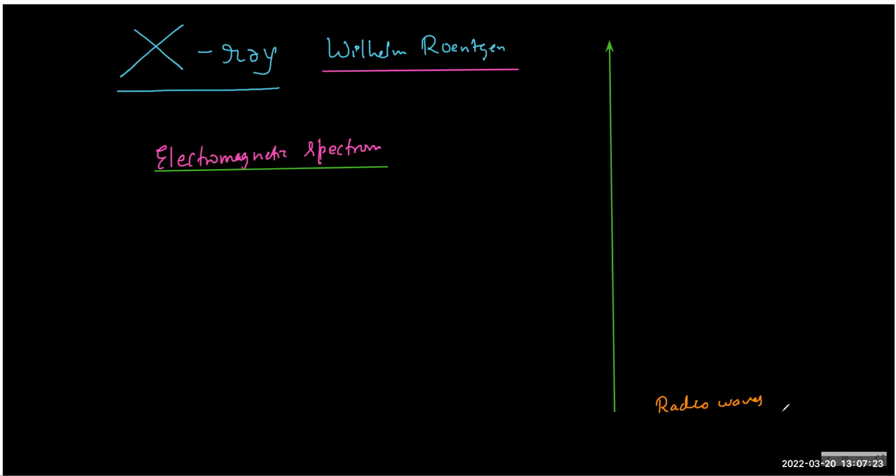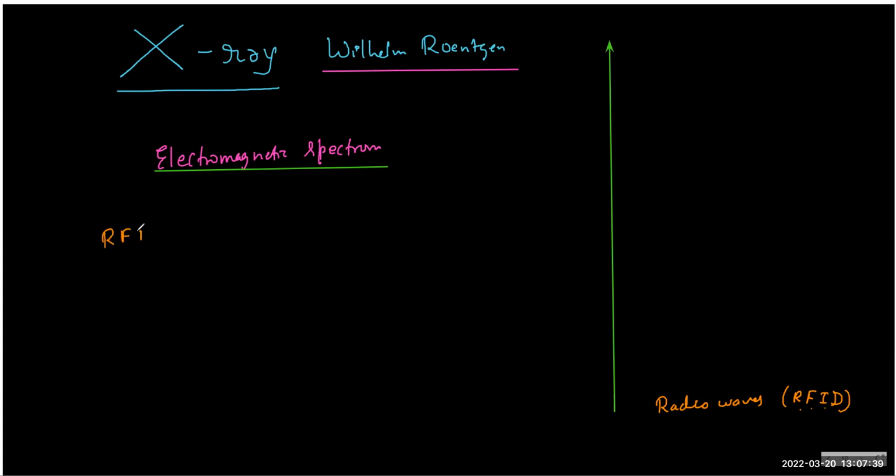In the entire electromagnetic spectrum, the lowest energy is radio waves, and there are a lot of applications of radio waves because it's almost like a zero energy wave. We designed RFID. You know what RFID is? Radio frequency identification devices.